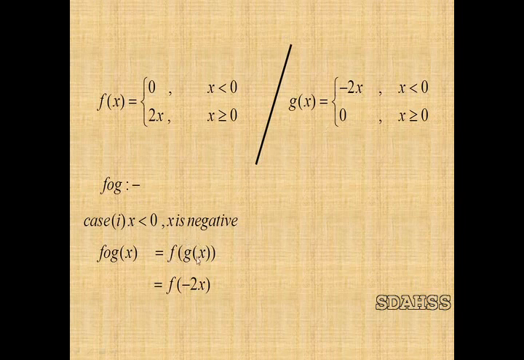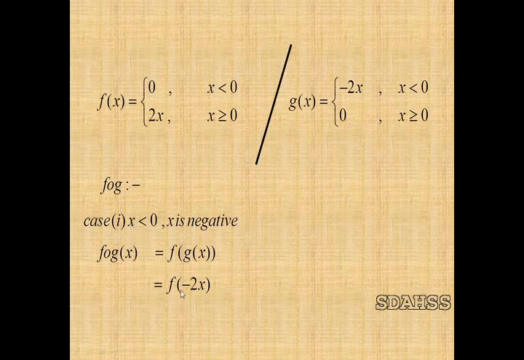Now you get f of minus 2x. Here x less than 0 means x is negative, so minus x.